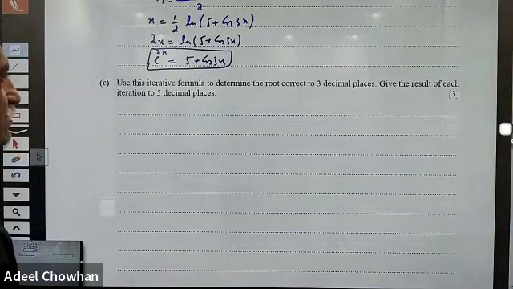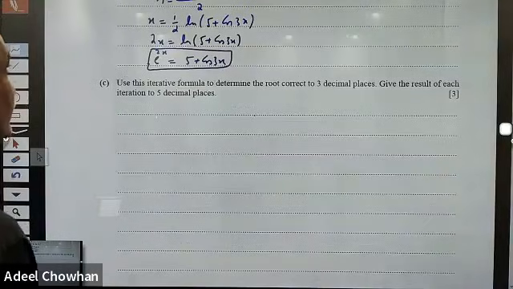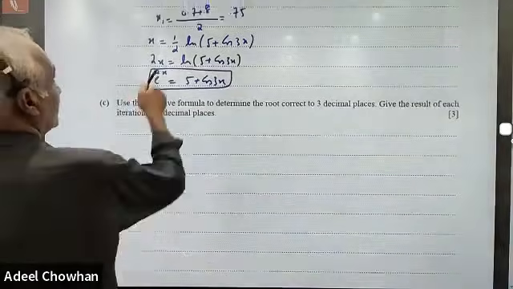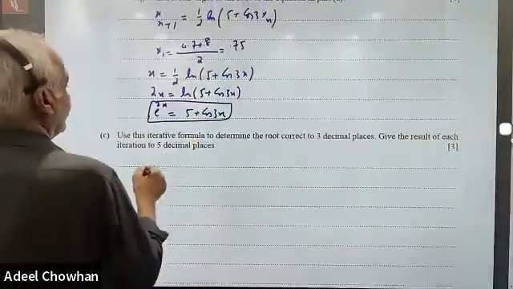Use this iterative formula to determine the root correct to 3 decimal places, giving the result of each iteration to 5 decimal places. So x1 we have just calculated as 0.75.